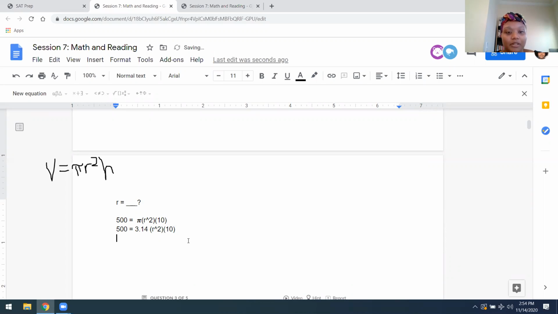Okay, so like Divya said, we can start by dividing everything by 10 in our quest to start to isolate the variable. When we say isolate the variable, it simply means getting the variable by itself.